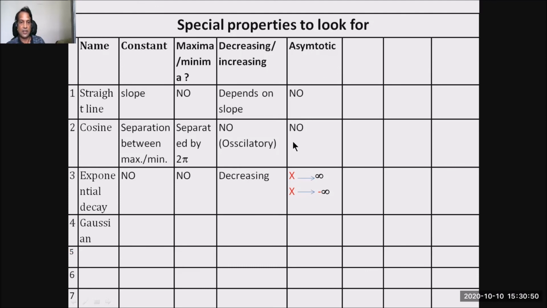We can see at x equal to infinity, the value of the function tends to 0, and at x equal to minus infinity, the value of the function tends to infinity. Whereas in the case of the straight line and cosine, there was no such thing.